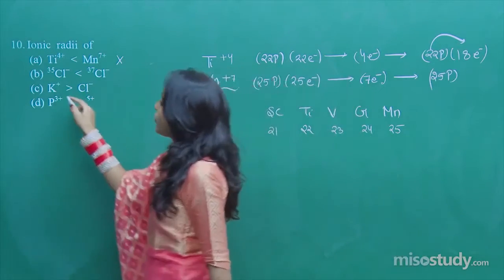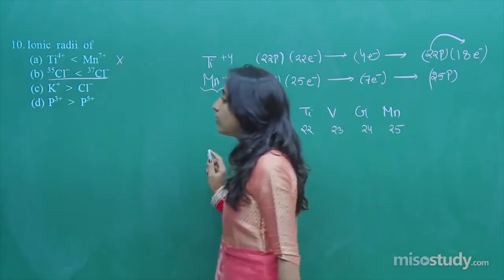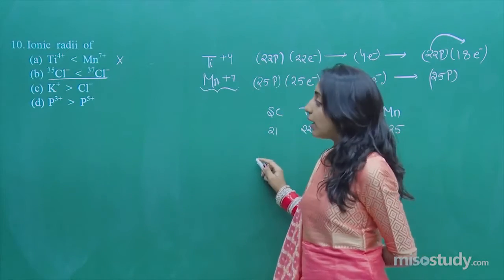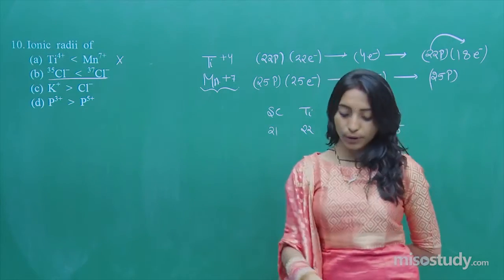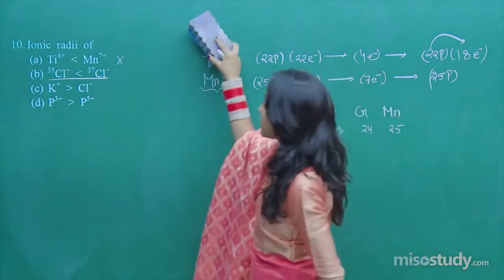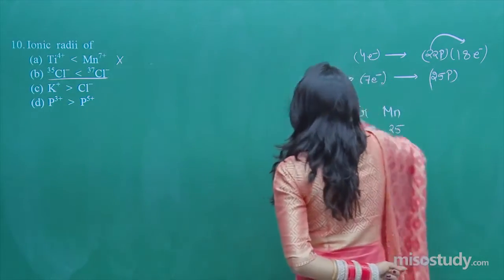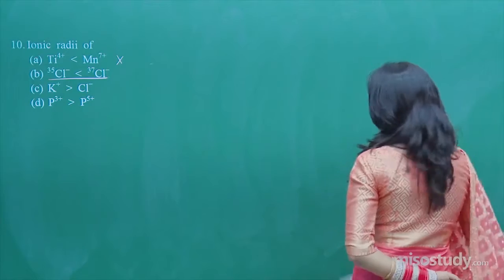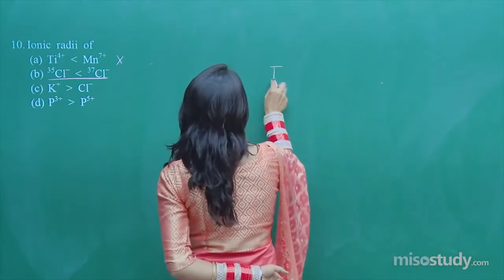Moving on to the second option, Cl-35 negative has a smaller size compared to Cl-37. Now guys, this is a good option. This option is actually talking about isotopes.